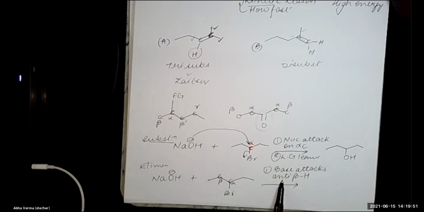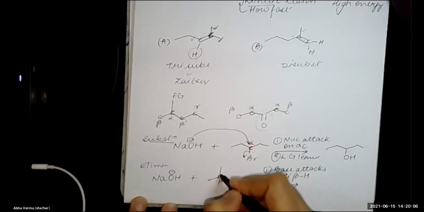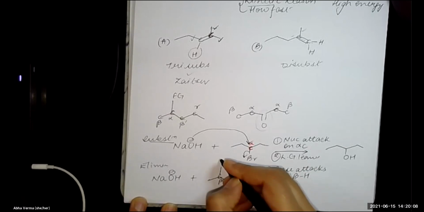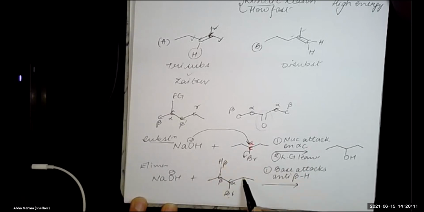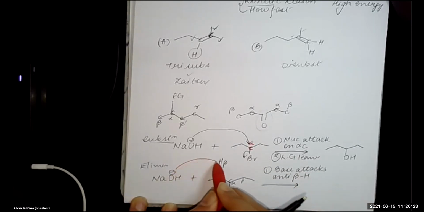What does anti mean? If you remember, syn and anti in your staggered and eclipsed conformations. And I'll tell you more about the anti. So this is my alpha carbon on which the leaving group is. This is my beta carbon on which my beta hydrogen is. So this hydrogen and this hydrogen, both of these are on the same beta carbon. I'm just using up this one. The first thing is that the base attacks the beta hydrogen.